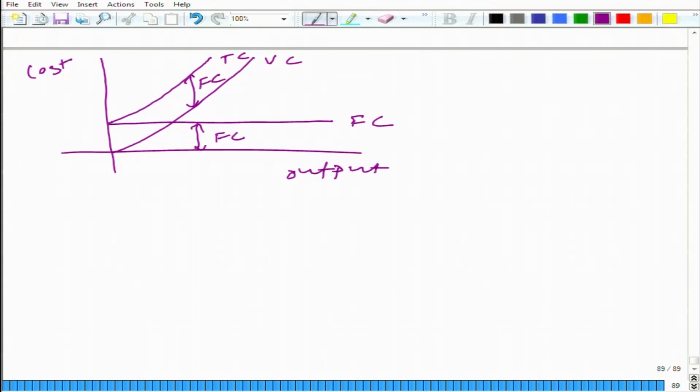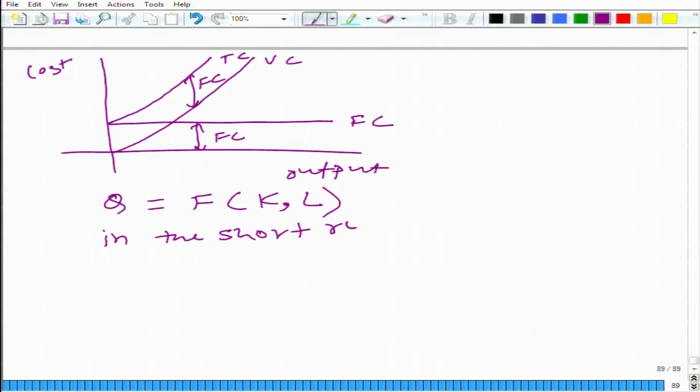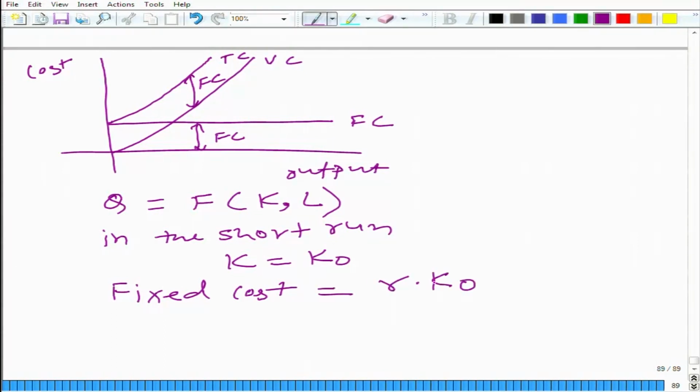Yes, sir. So, let me just write it here. What we have done so far is that we have taken Q as a function of K and L, and what we have said is that in the short run K is equal to K naught. So, what fixed cost do we have? R multiplied by K naught. This is the fixed cost.